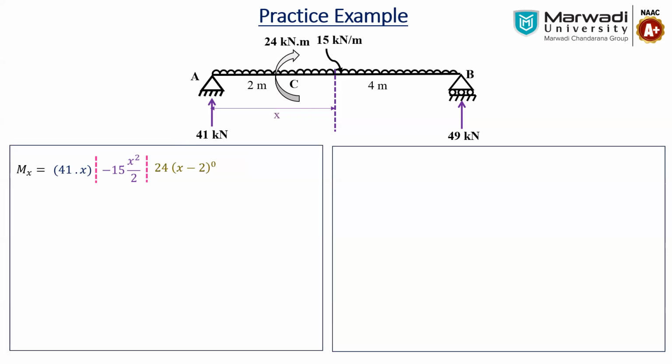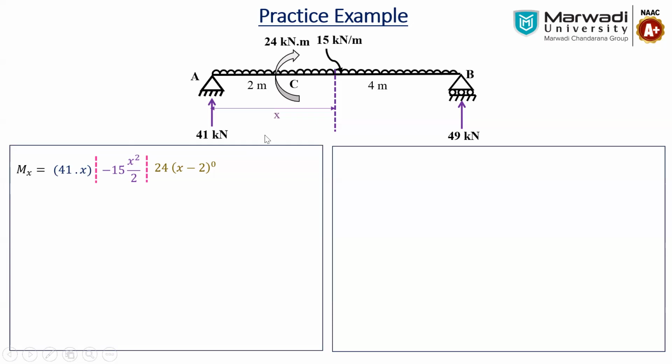So again I will repeat that at this section, whenever we have to consider a moment, we consider that moment multiplied by the distance between the section and the moment raised to 0, because then it becomes 1 and the moment remains as it is.